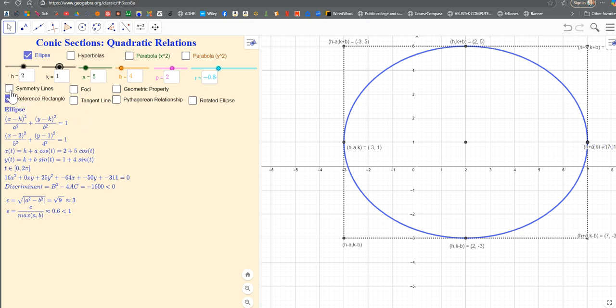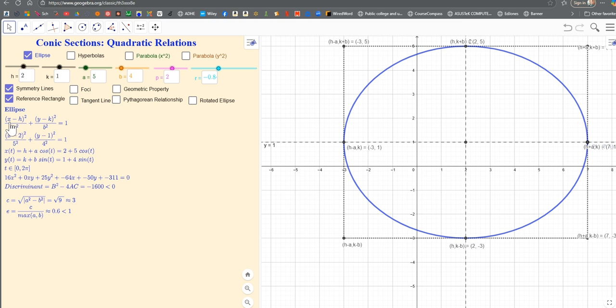We have 2 lines of symmetry: a vertical line going through (h, k), in other words, x equals h, and a horizontal line going through that center, y equals k. And so you can see that as a transformed ellipse. The ellipse is a transformed circle.